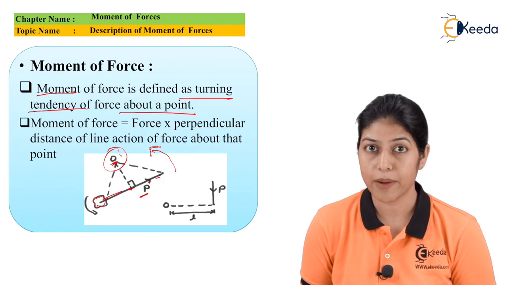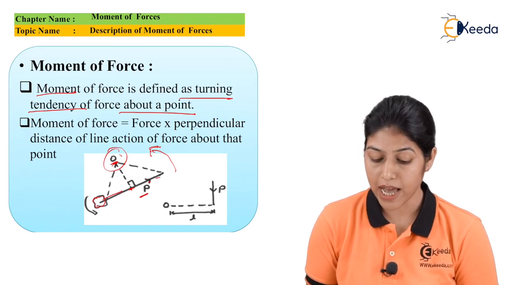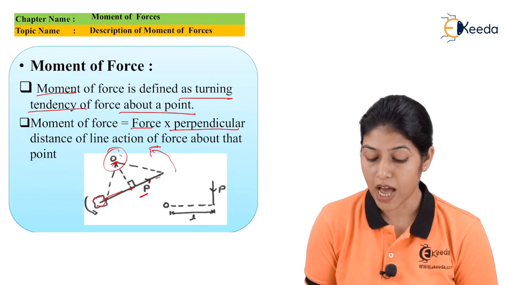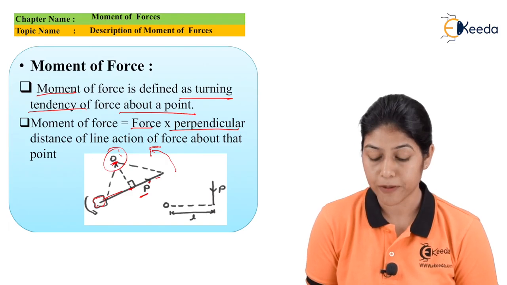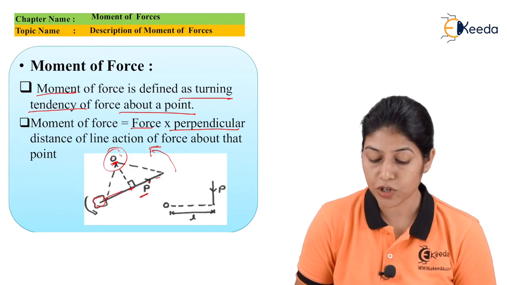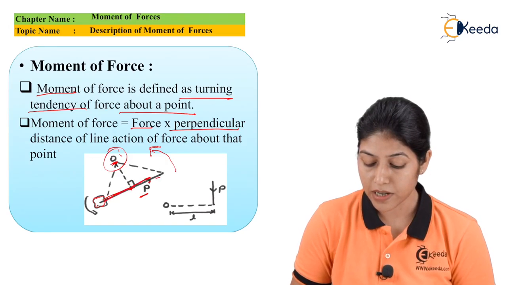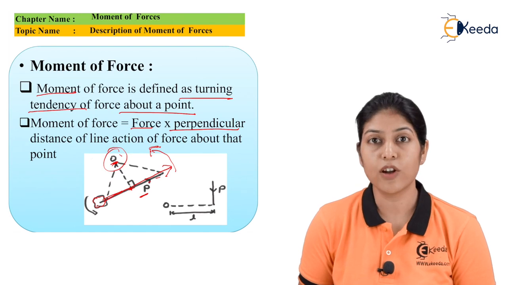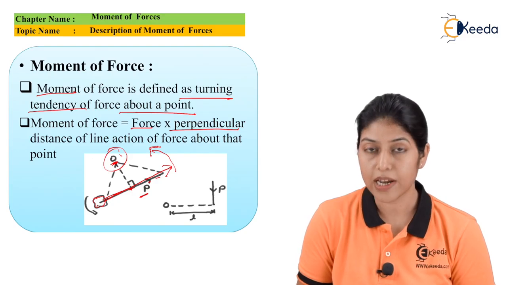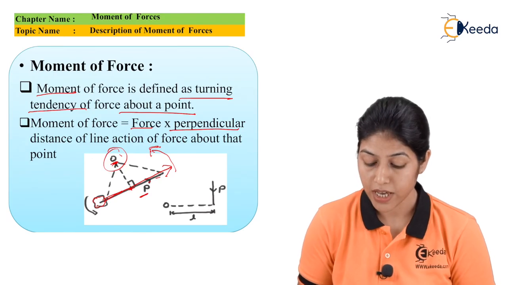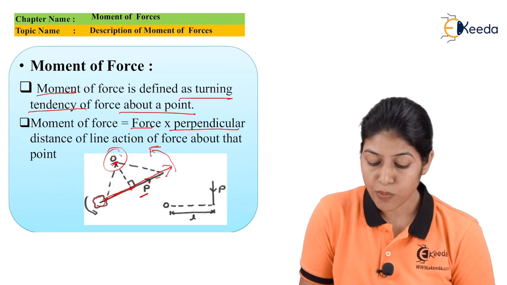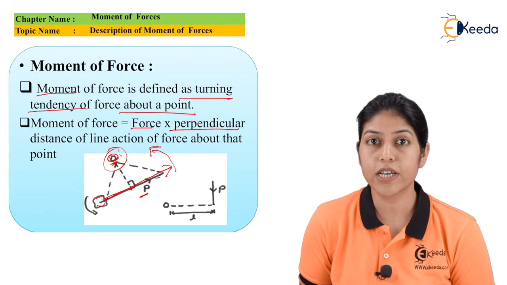So as per this concept, we can define the moment as force into the perpendicular distance of the line of action of force about the point. This particular distance is the distance of the line of action of this force. This line that I have drawn represents the line of action of the force, and we take the distance of this line of action from point O, about which the force is rotating.